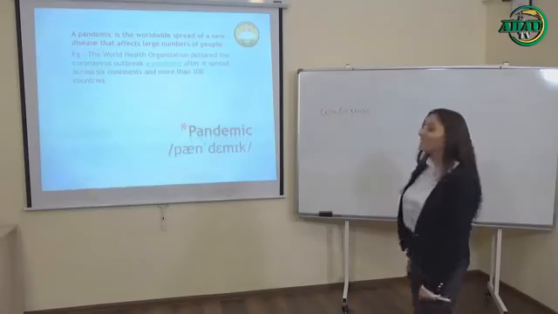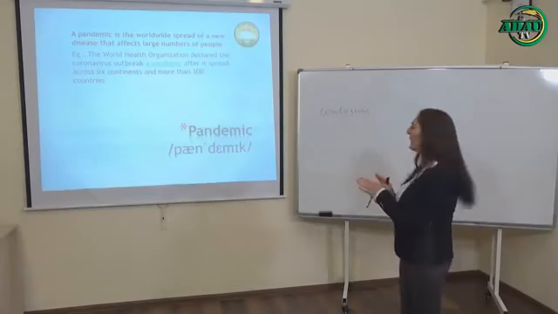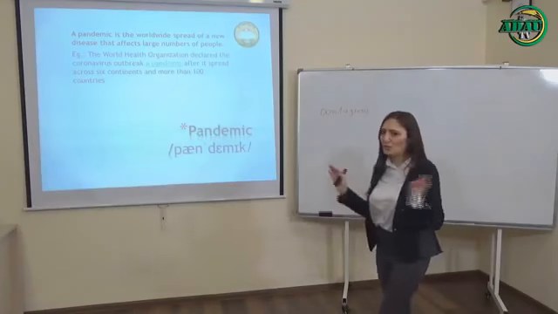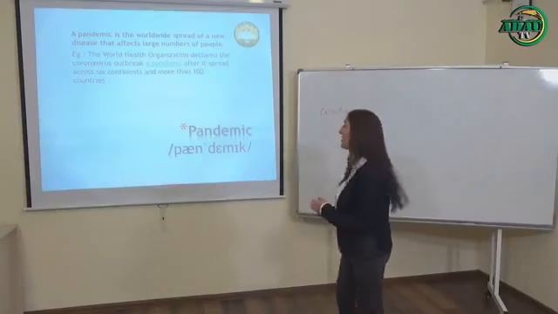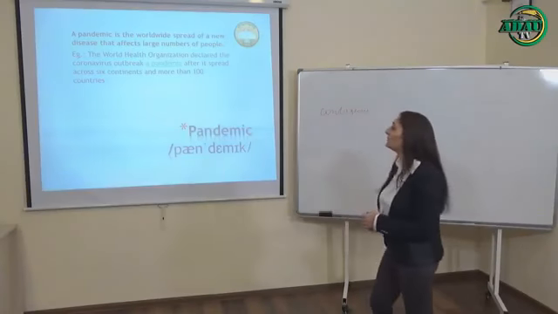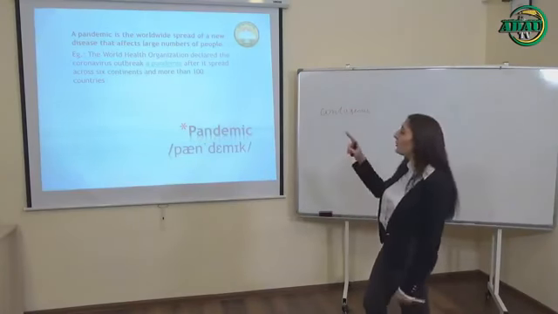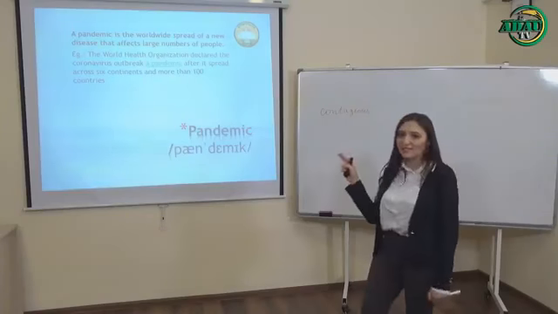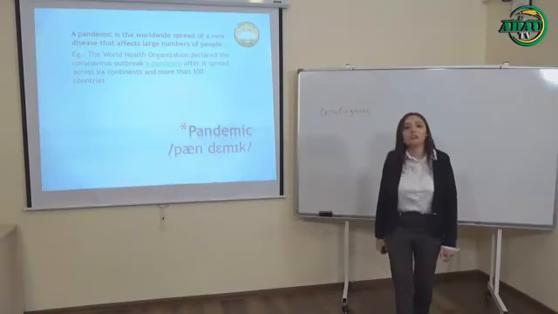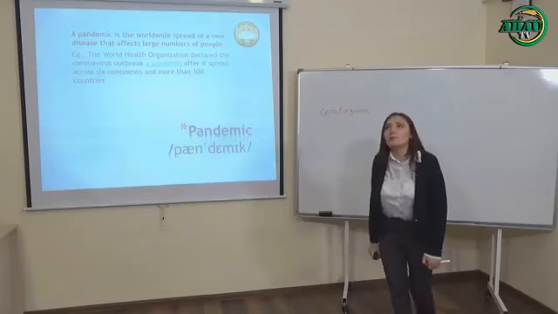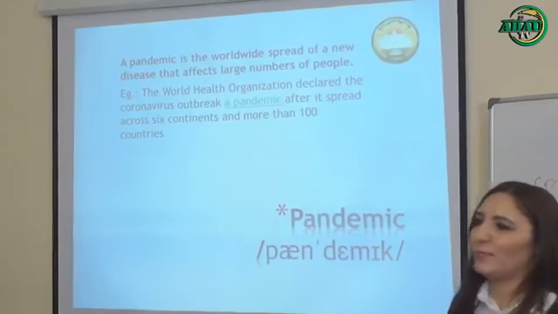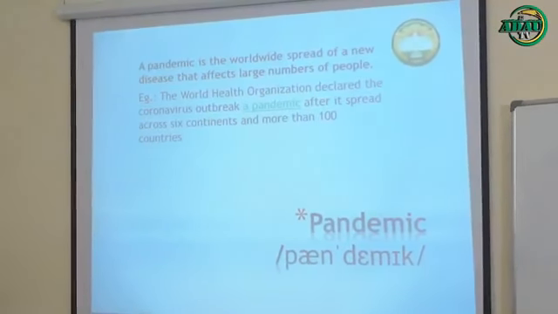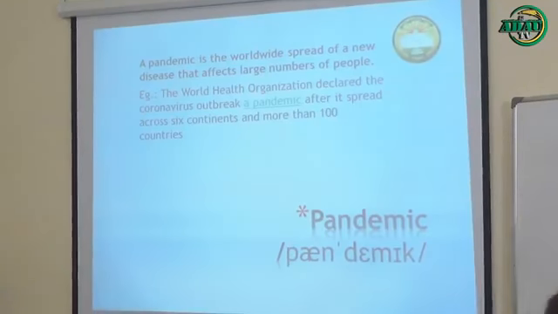Okay. The second word I've chosen is pandemic. Pandemic is very famous now, but I wanted to clear out this word. Pandemic is the worldwide spread of a new disease that affects a large number of people. Before the World Health Organization declared COVID-19 as a pandemic, it didn't spread.